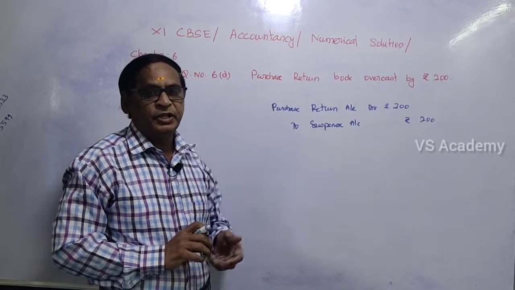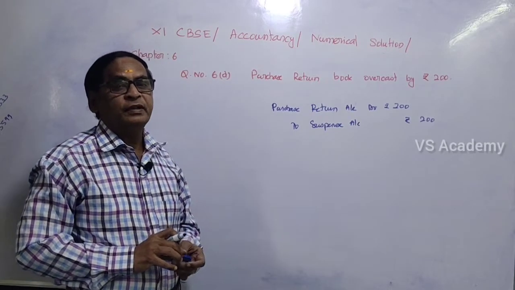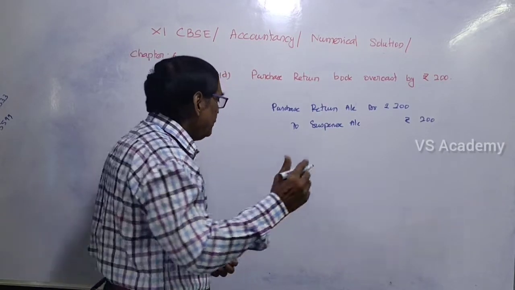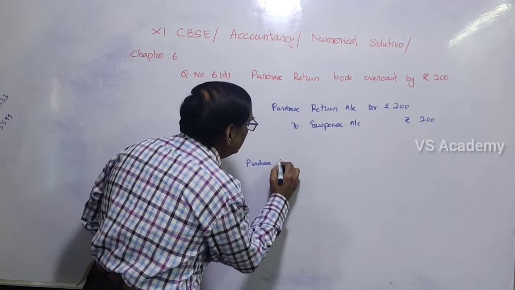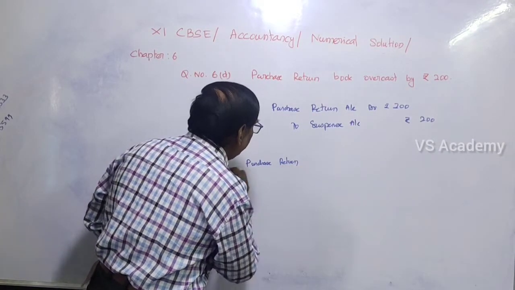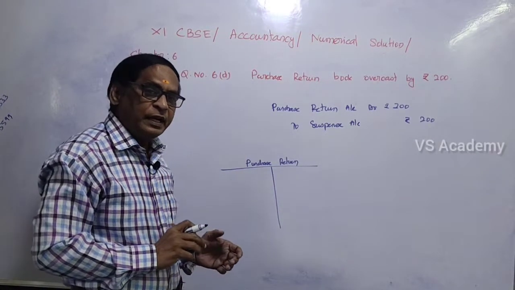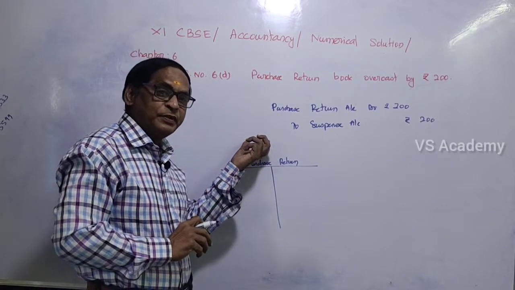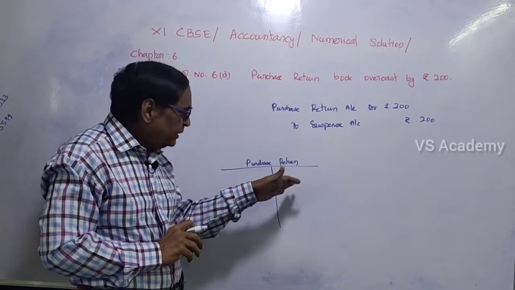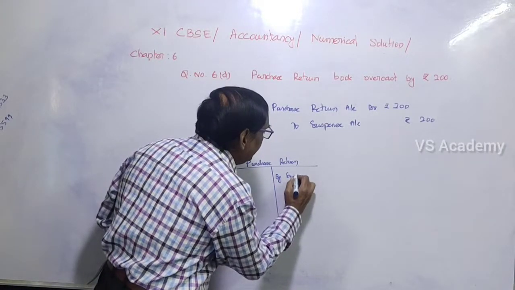That is a narration. If it is before trial balance, what will be the entry? I will explain it. Purchase return account: at the end of every month, we transfer the closing balance of the purchase return book from the subsidiary book to the credit side. So by sundries, we will write like that.